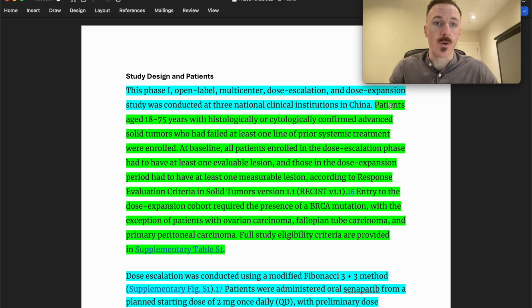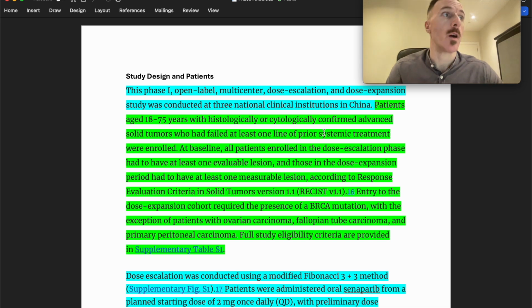Okay, so this is a phase one study, and there are distinct characteristics of this trial type that must be reported in the method section. Phase one trials are early stage studies primarily designed to evaluate the safety, tolerability, and pharmacokinetics of a new drug or intervention in a small group of healthy volunteers, or actually patients with the condition that you're assessing, usually about 20 to 100 participants.